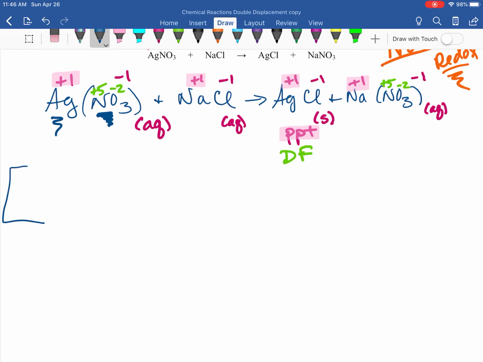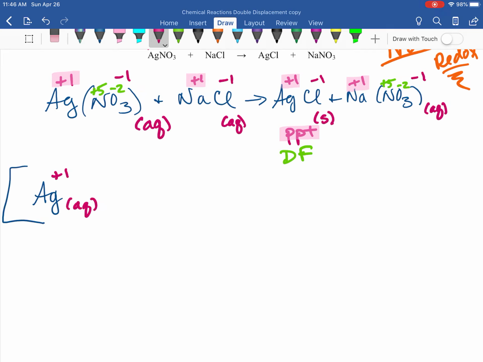All right, now we're going to use a trick from Unit 2. I'm going to ask you to picture Unit 2, and I'm going to ask you what bonds here are ionic and covalent. Your bond to silver is ionic. Your bonds between your nitrogen and oxygen are covalent. When you dissolve in water, you break the ionic bond and you leave the covalent bond alone.